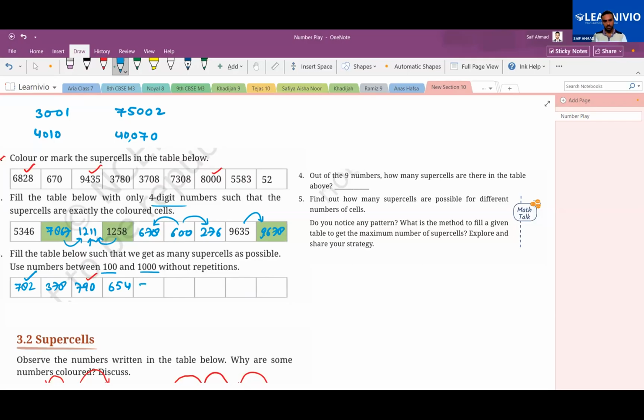For example, it is 780, then 622, so it will be colored. Then you can use a larger number again, 823. Then a greater number, smaller number, and a greater number. Now it will be 5 numbers.